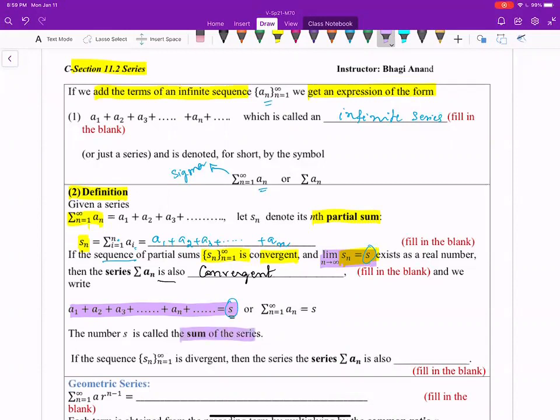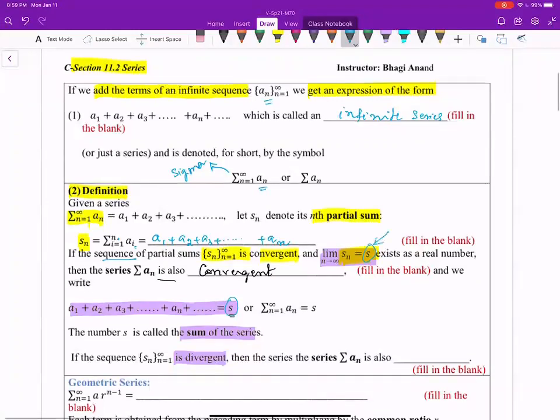If the sequence Sn, n varying from 1 through infinity, is divergent, which means that you are not able to find an S like this, if the limit does not exist, or if it is infinity, then the series sigma an is also divergent.